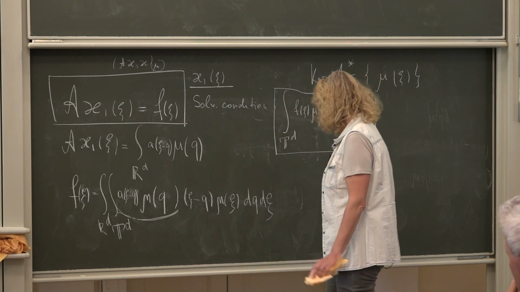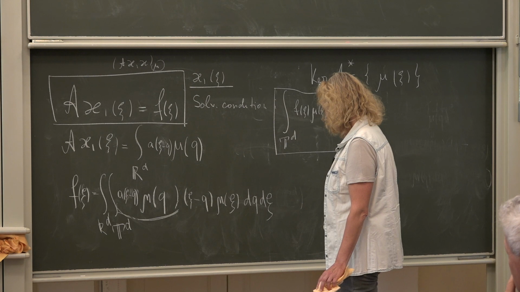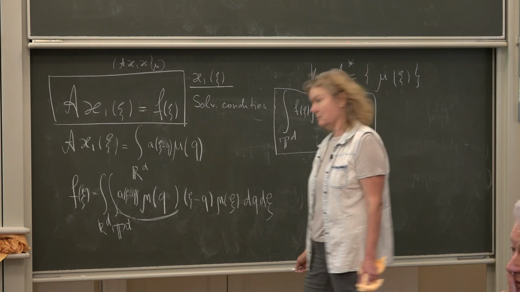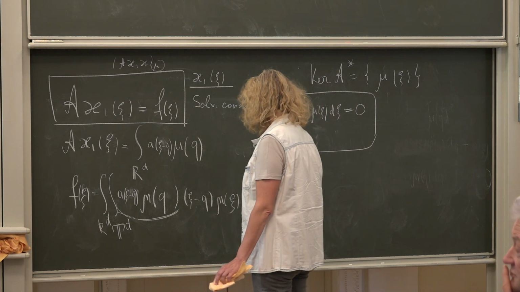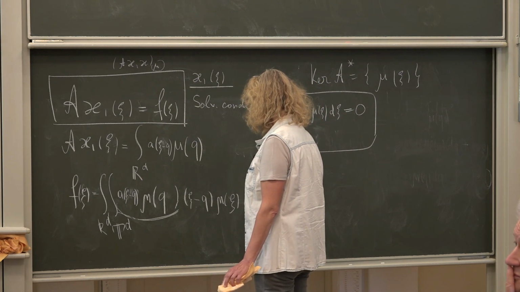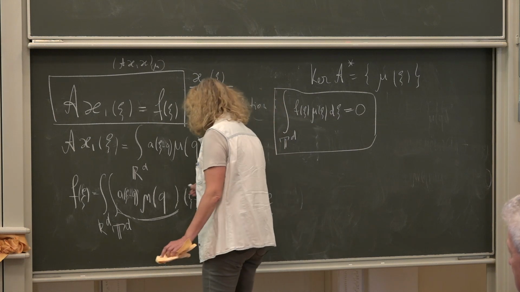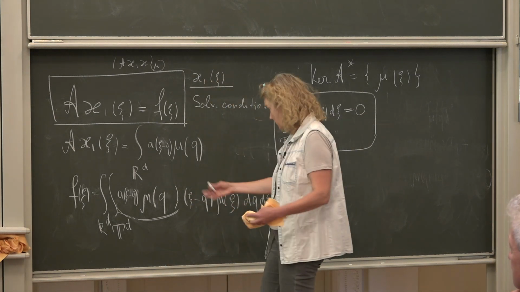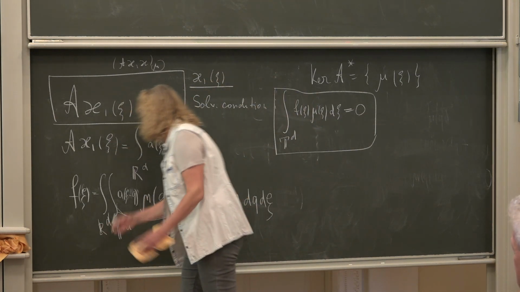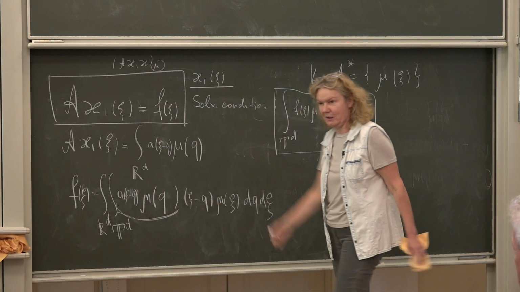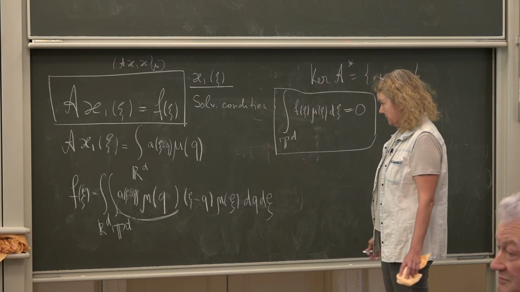What is c minus q? It is somebody's argument. It is a linear function. In fact, there is a vector, because we are in RD, but it is a linear function in each component.